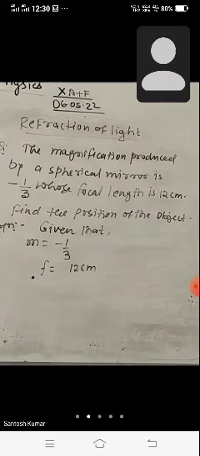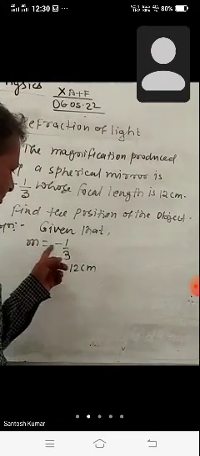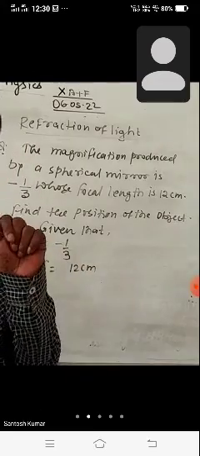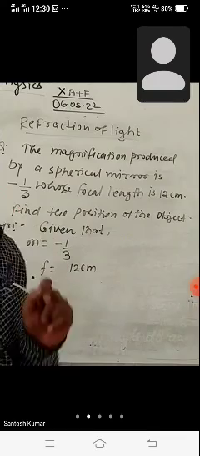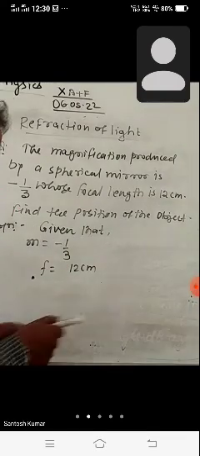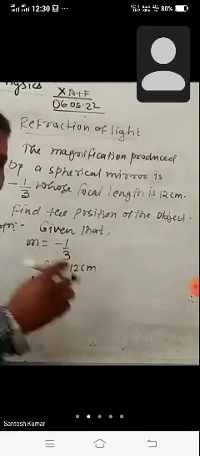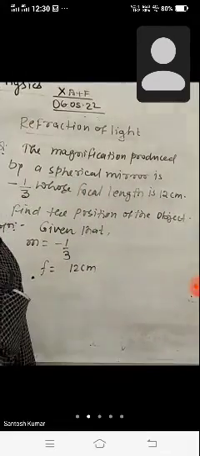You are not speaking, okay. See here, we have written magnification is -1/3. Minus represents it is a real image. If m is negative, it is real. If m is positive, it is virtual. So this negative indicates it is real, and real images are formed by concave mirrors.